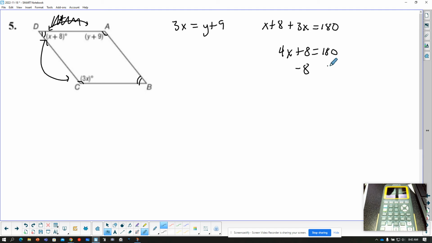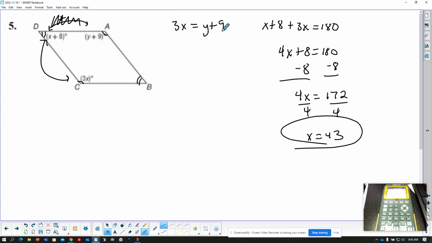Subtract my 8 from both sides. I get 4x equals 180 minus 8 is 172. Divide both sides by 4. And I think that's 43, but let me double check. 172 divided by 4 is 43. So we get x equals 43.